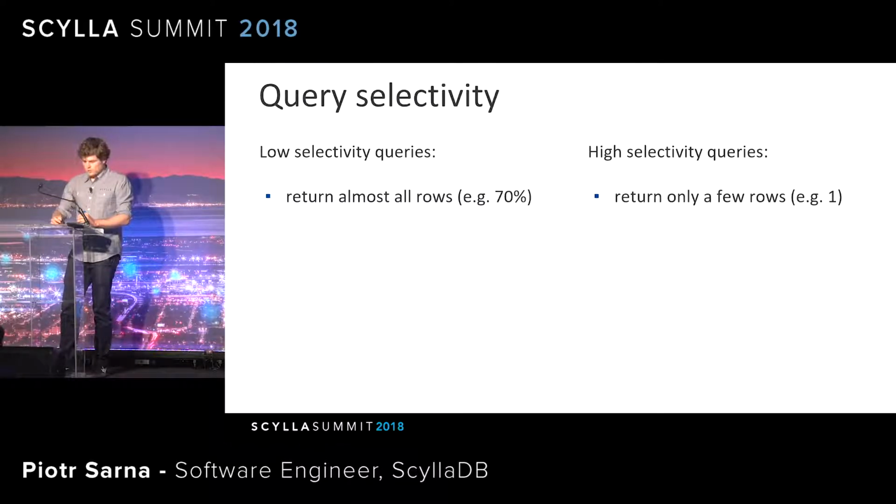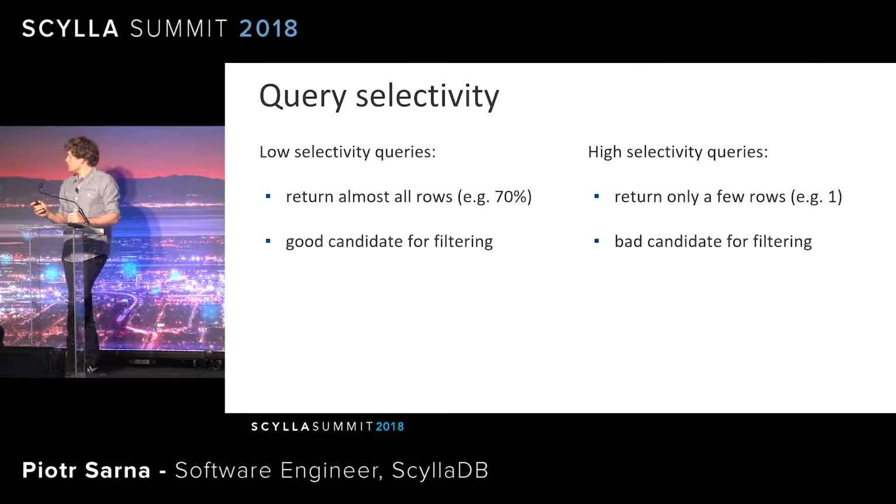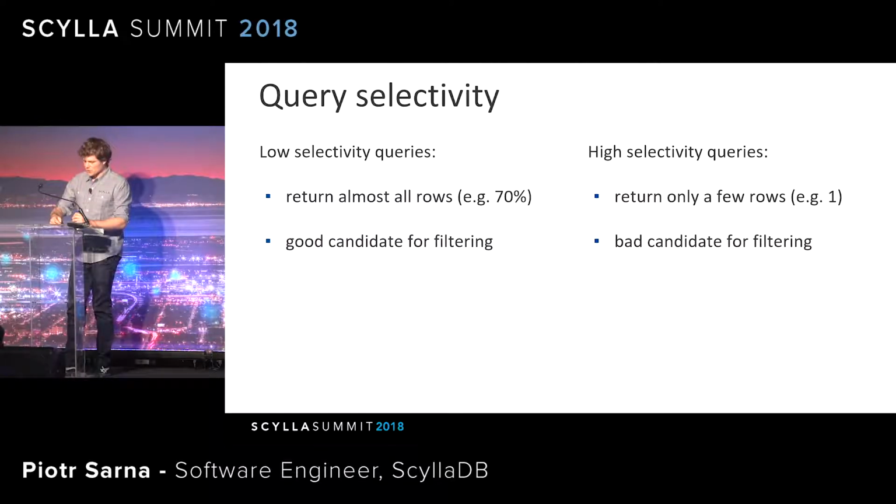All right, one more topic connected to filtering is query selectivity. Low selectivity means that our restrictions are loose, so we allow almost all of the rows to pass our restrictions. Conversely, high selectivity means that our restrictions are very strict and we will just pass a few rows. Most of them will be dropped. So which one is a better candidate for filtering? Low selectivity queries are a clear winner here.